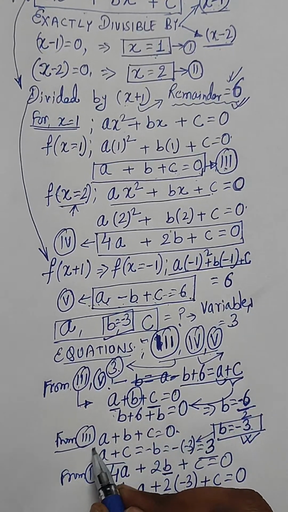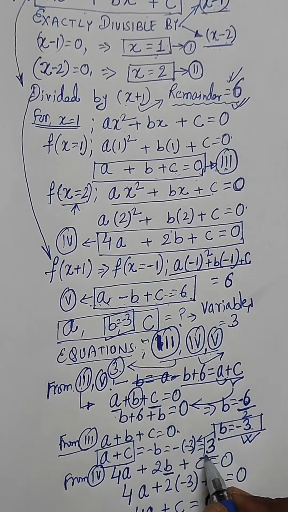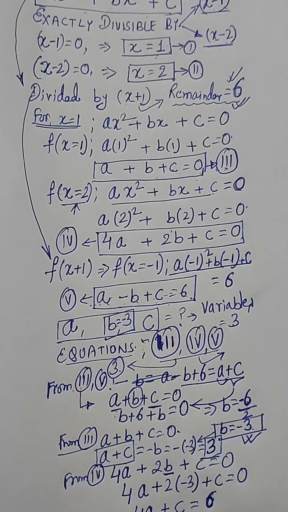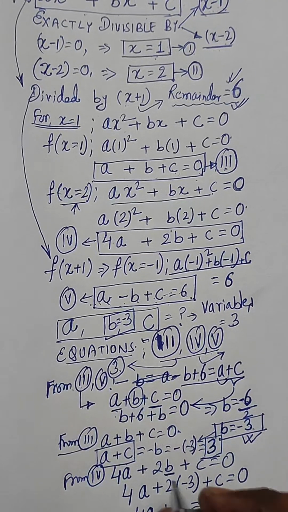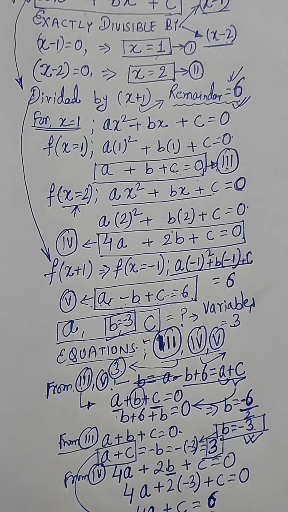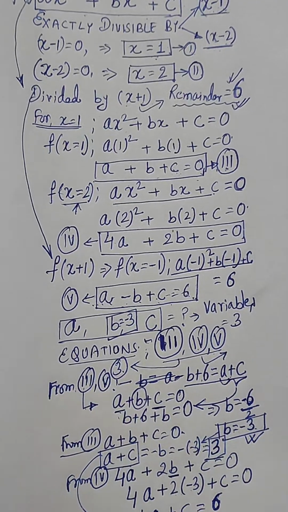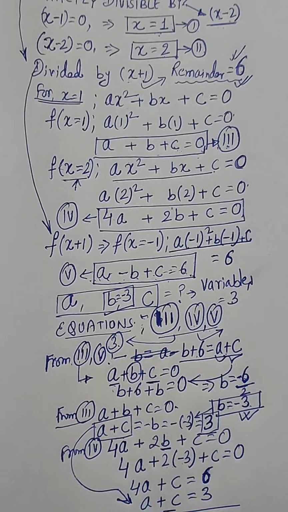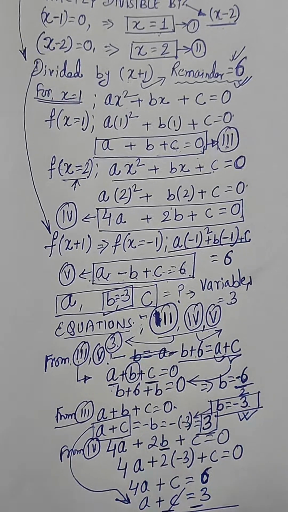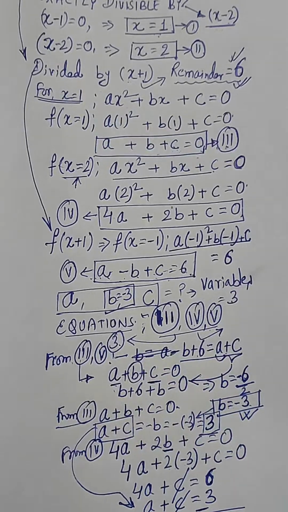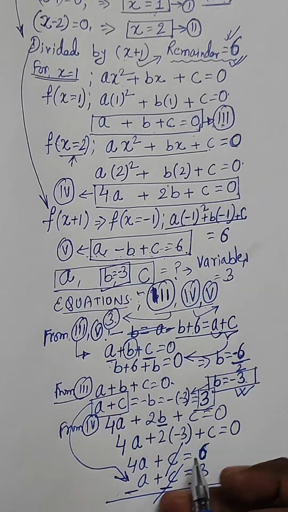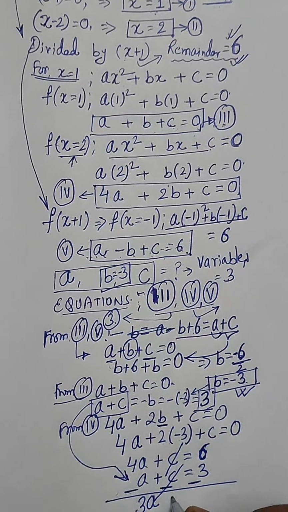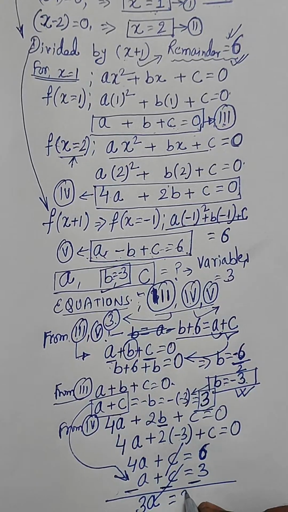Now earlier we have from equation number 3, A plus C is equal to 3. And here we have 4A plus C is equal to 6. So when you put this value, A plus C is equal to 3, and just do the subtraction, you can see C and C will be cancelled out, and we will have 4A minus A, that is 3A is equal to 6 minus 3, that is equal to 3.